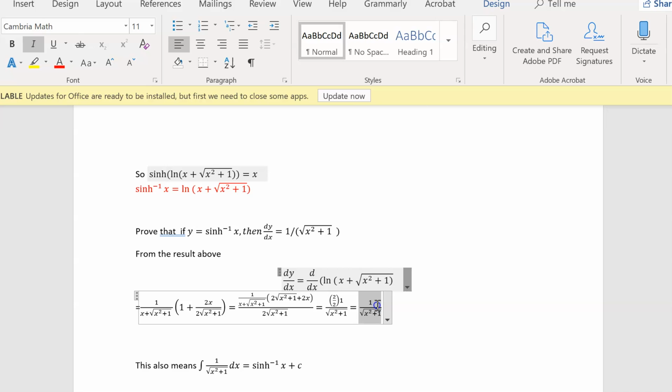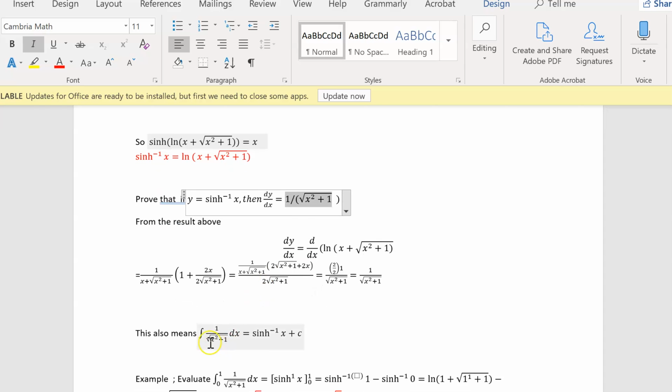So the derivative of inverse sinh is this, which is a beautiful result in a way, because it also shows that the indefinite integral of 1 over square root of x squared plus 1 is inverse sinh of x, because the derivative of this is this.